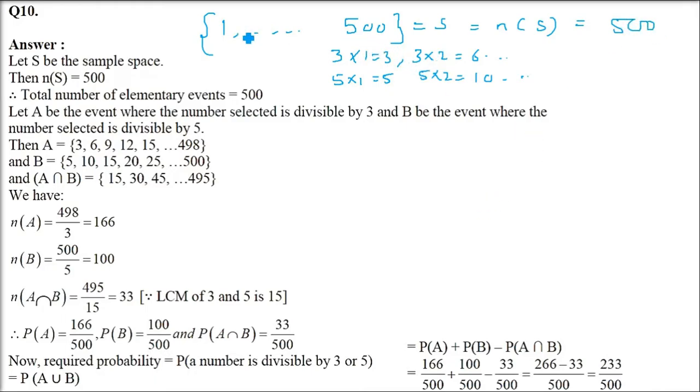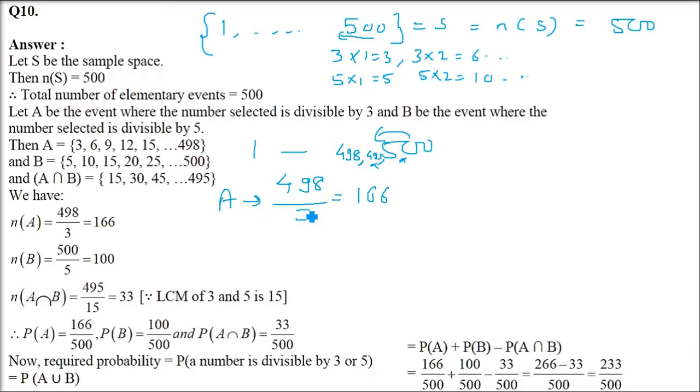Now how do we find the number of elements which are divisible by 3? You have to start from the back. If it is from 1 to 500, start from the back and try to find the first number which is divisible by 3. 500 is not, 499 is not, 498 it is. 498 divided by 3, you get 166.